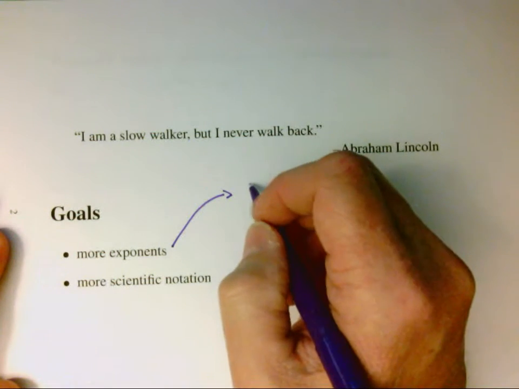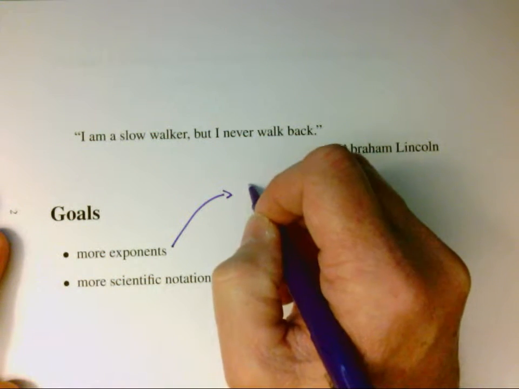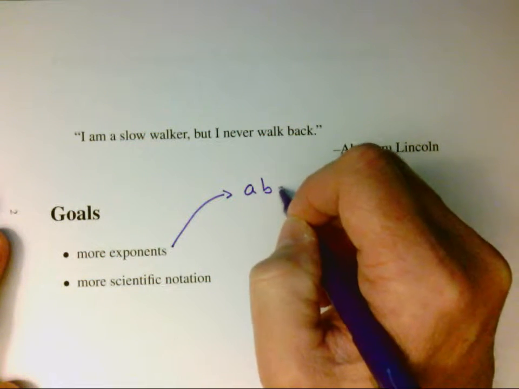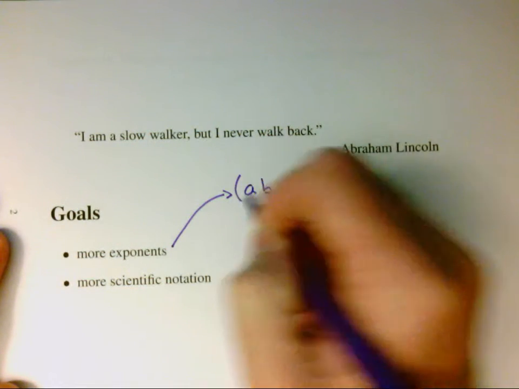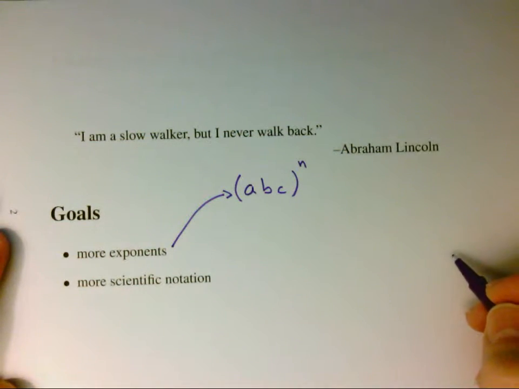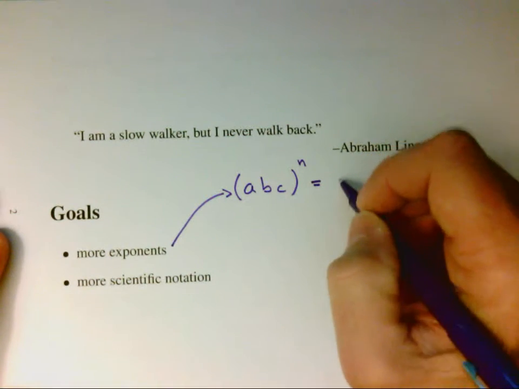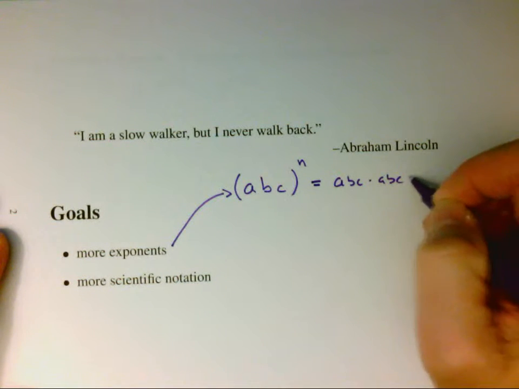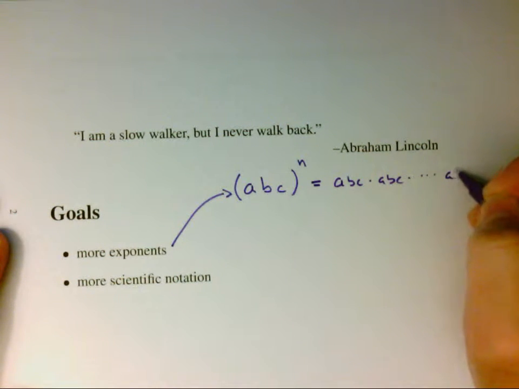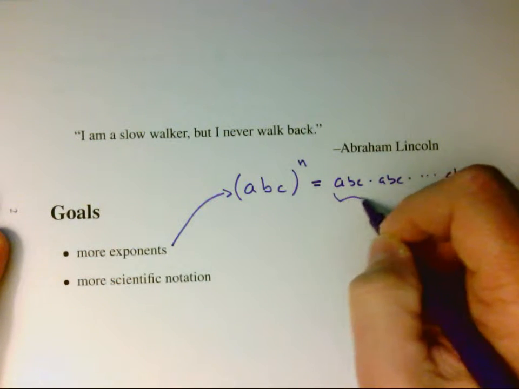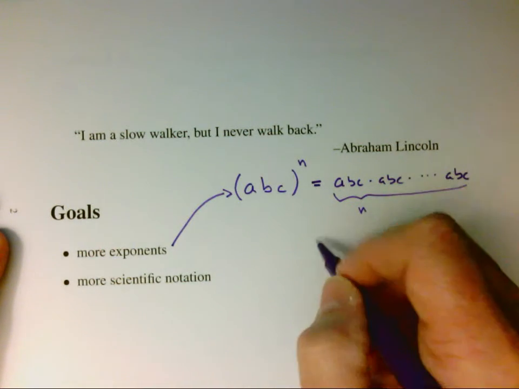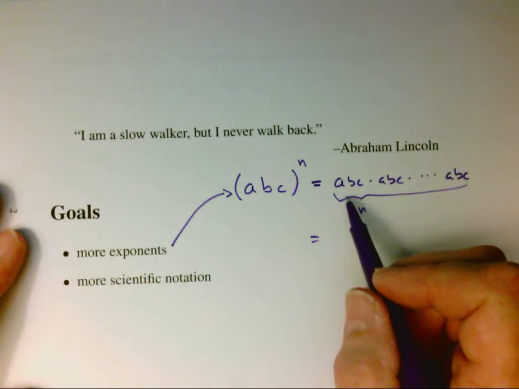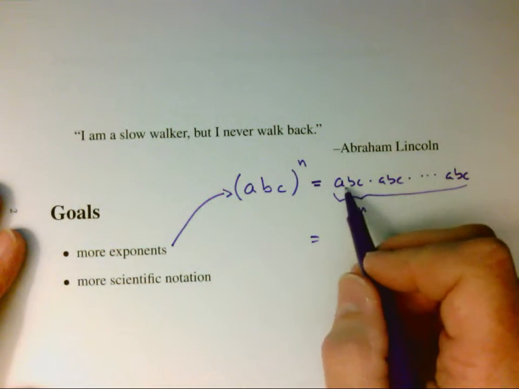If you have something like a times b times c all raised to an exponent n, that means you're going to do a, b, c times a, b, c until you have n copies of a, b, c. Well, multiplication is commutative and associative, so we can rearrange all these factors.